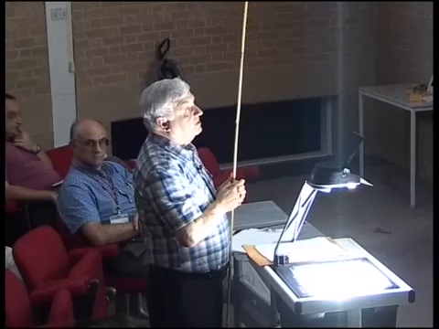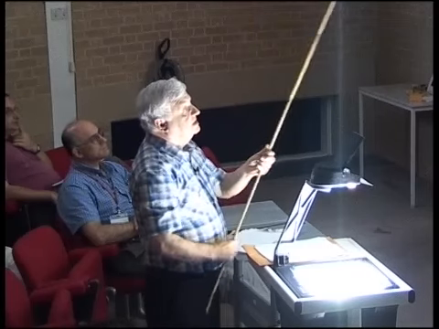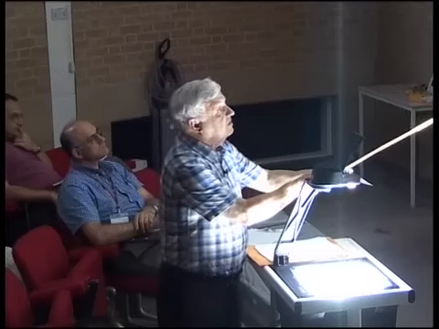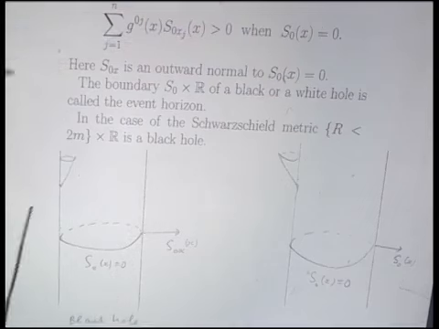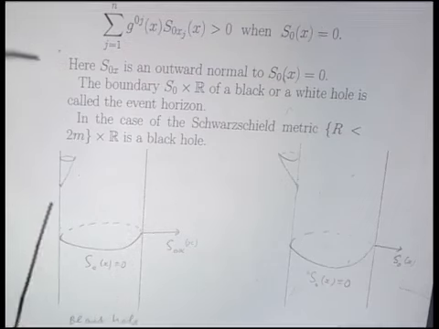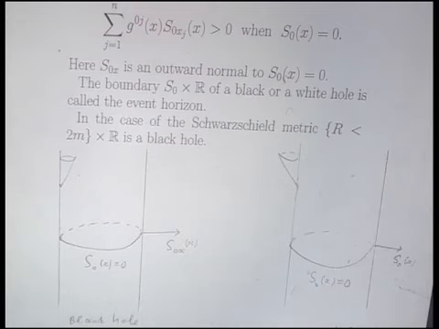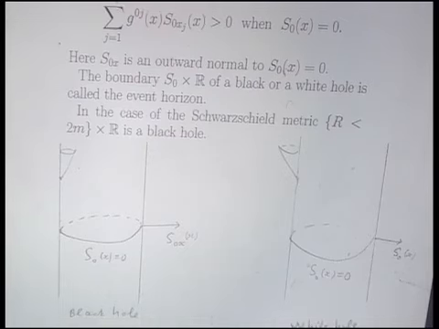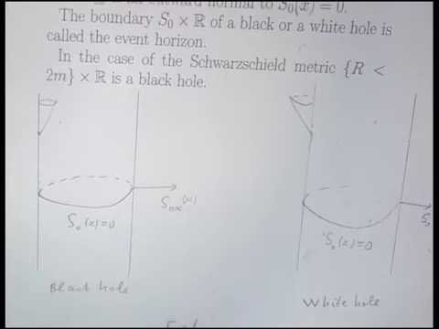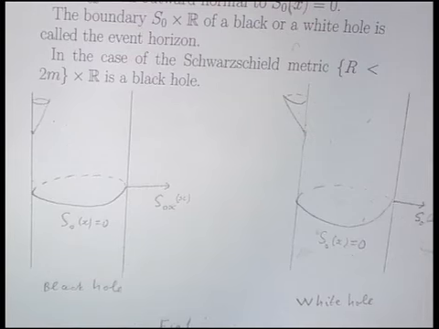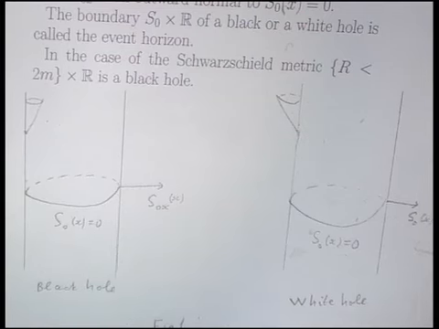So this is the definition of what is a black hole and what is a white hole, and the boundary of a black or white hole is called the event horizon. In the famous example of the Schwarzschild metric, R equals M cross R is the boundary of a black hole. So this is a simple picture. When you have a black hole, if you take points on the boundary, the forward half cone of light rays will point inside.